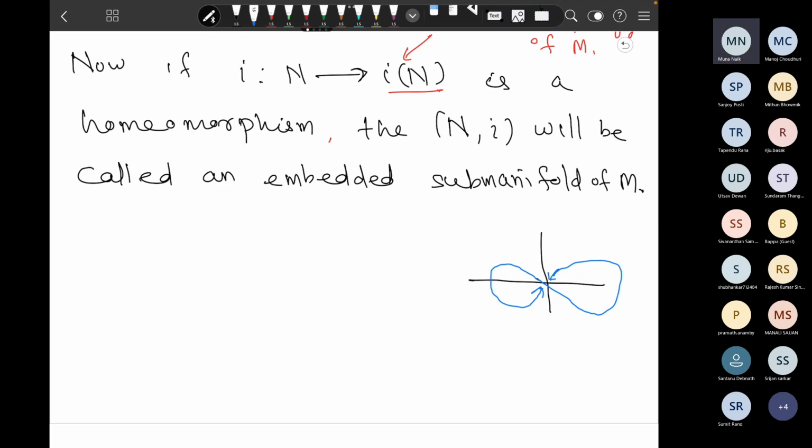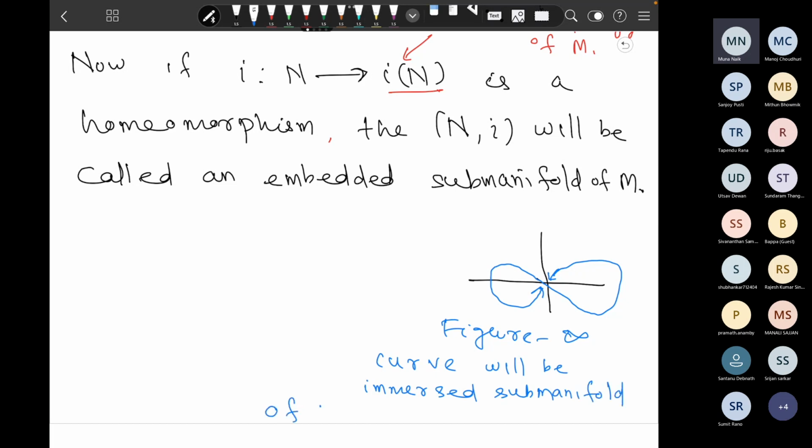You can look at the book for this. But when N is a subset of M, will it always be embedded? No, that is not the case.